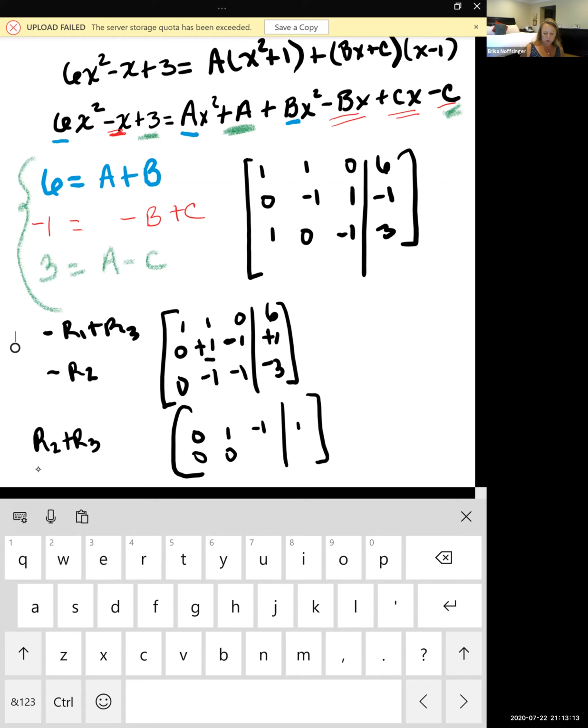Negative 1 minus 1 is negative 2. And 1 plus 3. Is that negative 3 or 3? Negative row 1 plus... That's a negative 3. Row 1 minus 3, so that's negative 2.